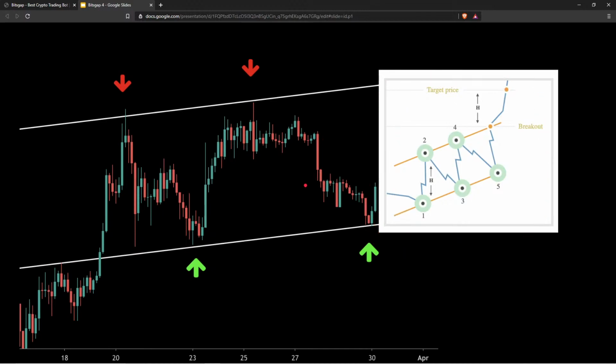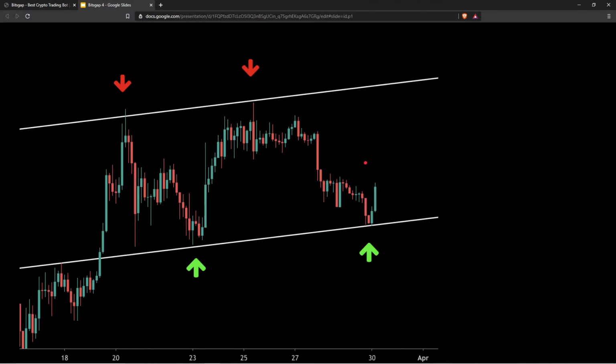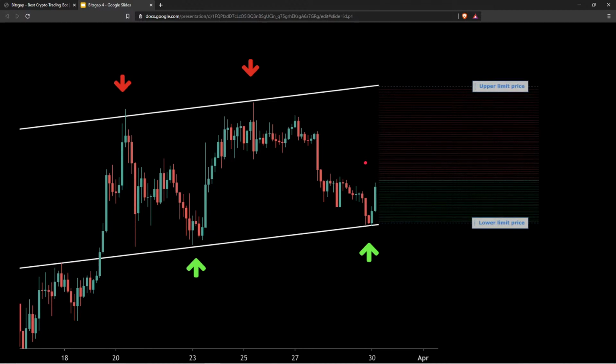So when you spot this pattern, make sure that as soon as it is confirmed, like here, as soon as it bounces off the support and you see that it has successfully bounced off here, this is the time where you can start trading, and the possible configuration for this particular scenario is exactly this one.